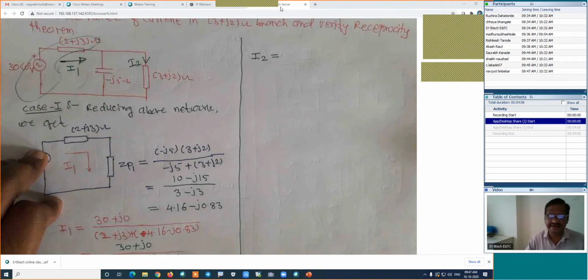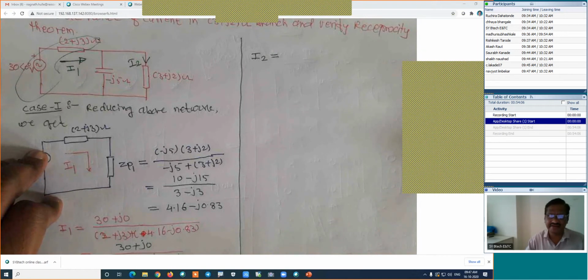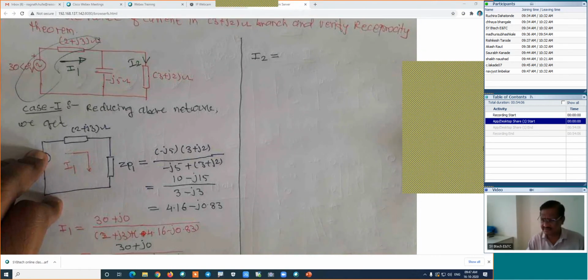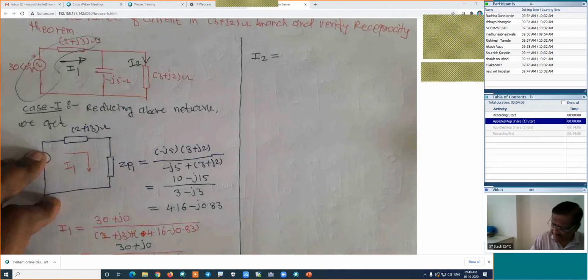Any difficulties to someone? Now, if I am calculating this current I2, how is the current division rule?